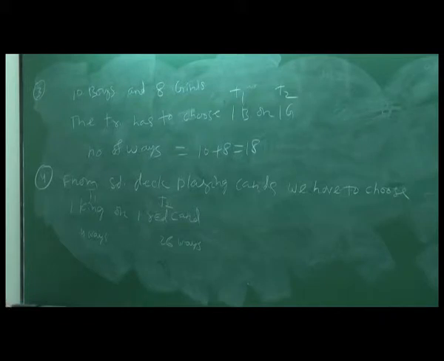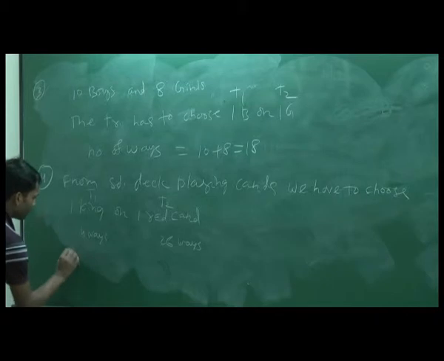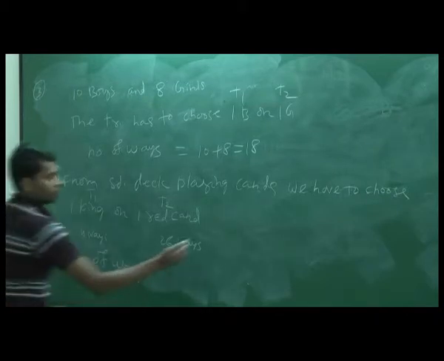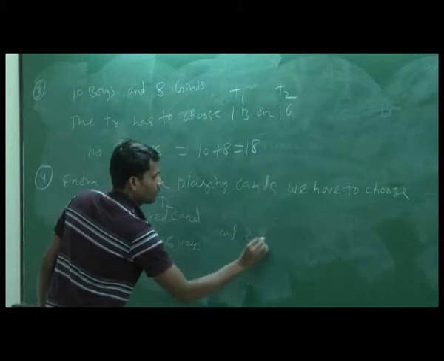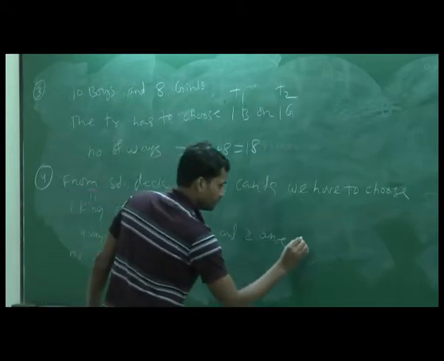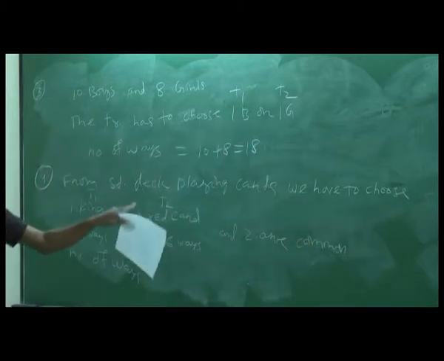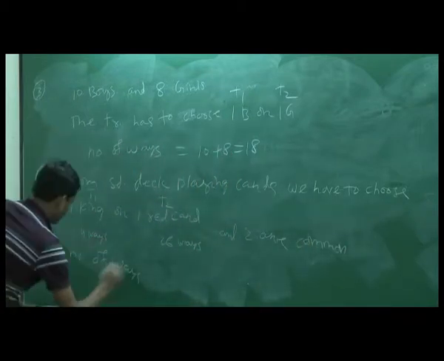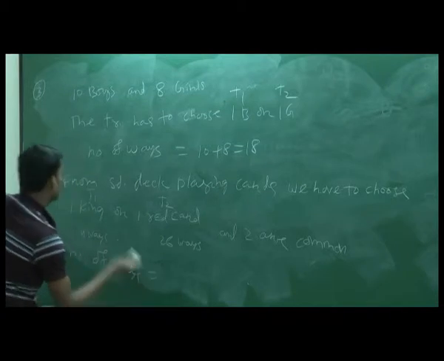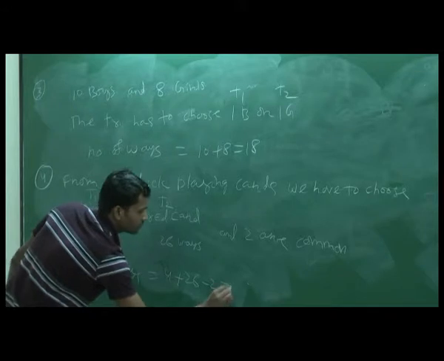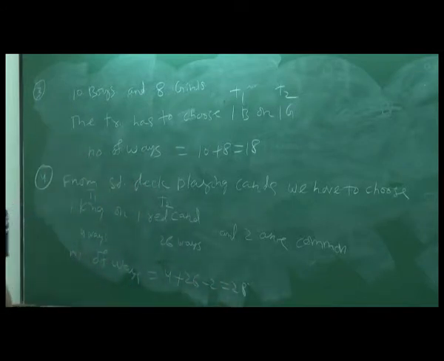So we have to subtract that, right? Two are common. So whatever we choose, we subtract the common ones. So number of ways equals 4 plus 26 minus 2, which is equal to 28, right?